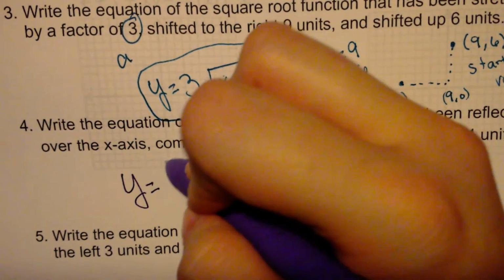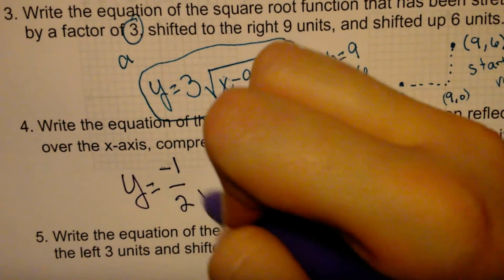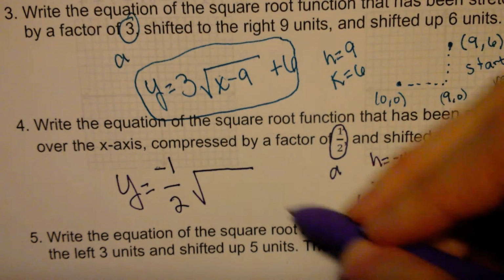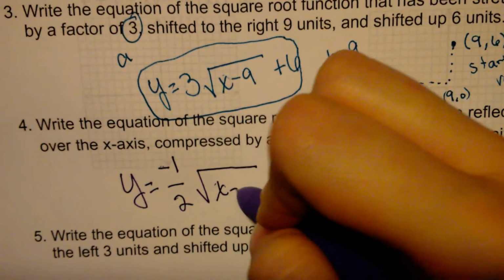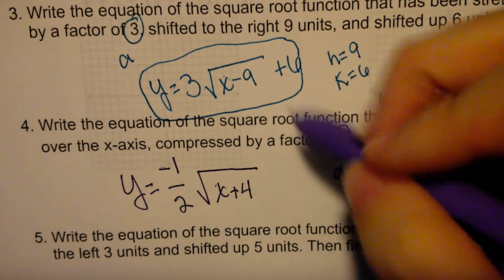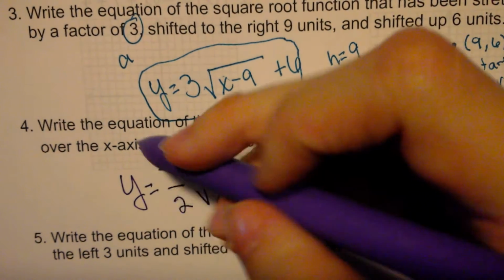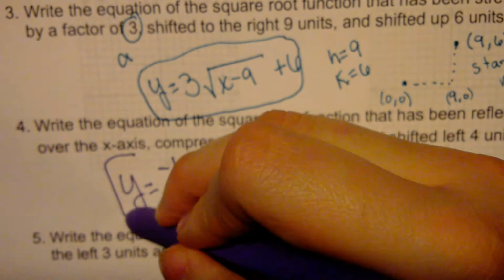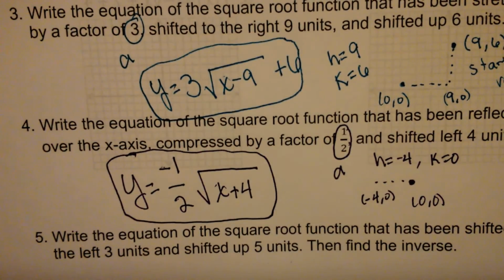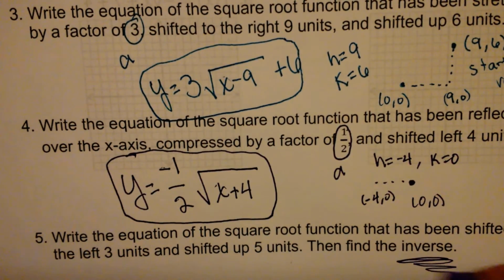So I have -1/2 times the square root of x plus 4. And my k is 0, so I'm not going to say plus 0. That's just my answer. And I'll leave number 5 to you. But be careful, it says also find the inverse.